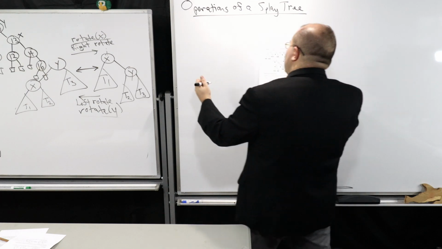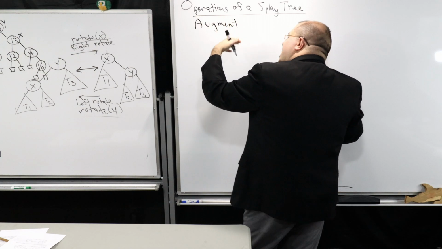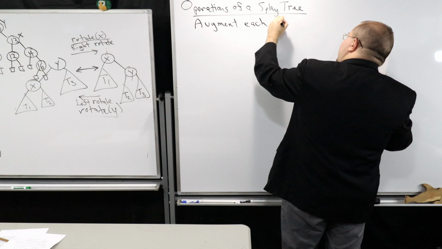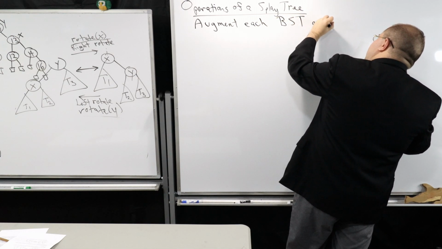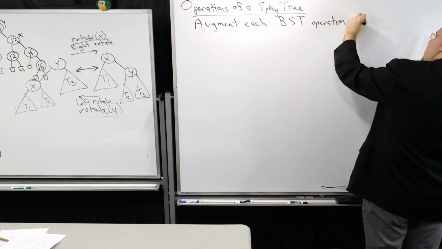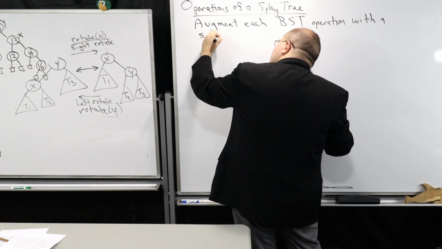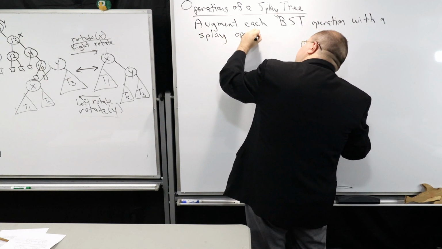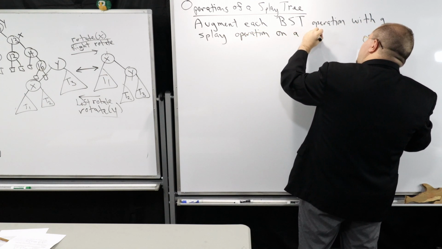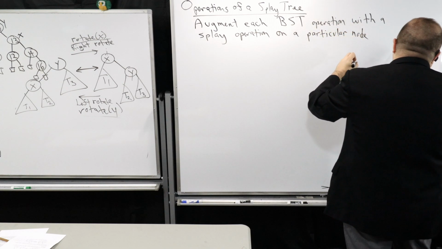I just want to clarify that we're going to augment, which means change or modify, each binary search tree operation with a splay operation on a particular node X. And I'm going to tell you what X is for each one of the operations.